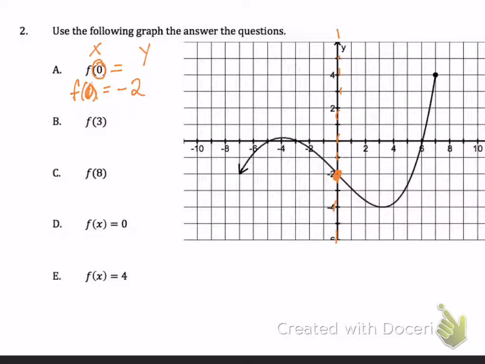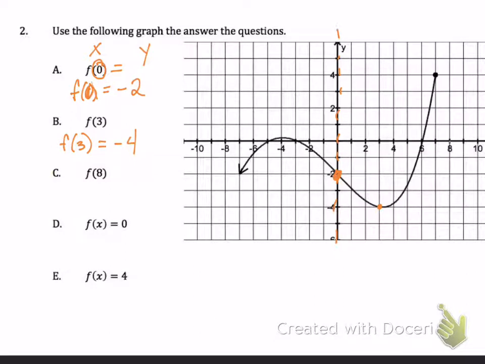What about f of 3? I go to x equals 3. Where is that function? What is the y value? -4. So f of 3 equals -4. What about f of 8? Is there anything there? No, there's nothing there.